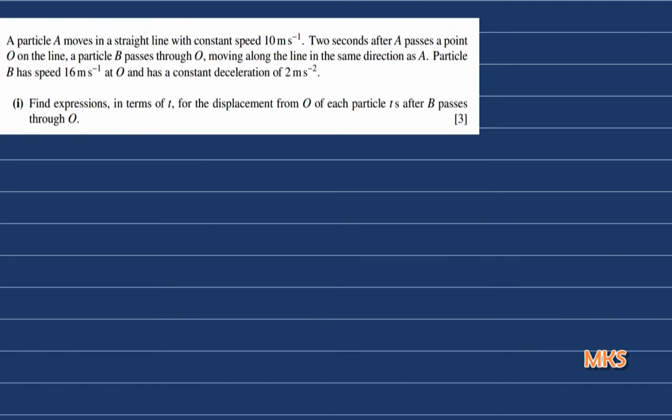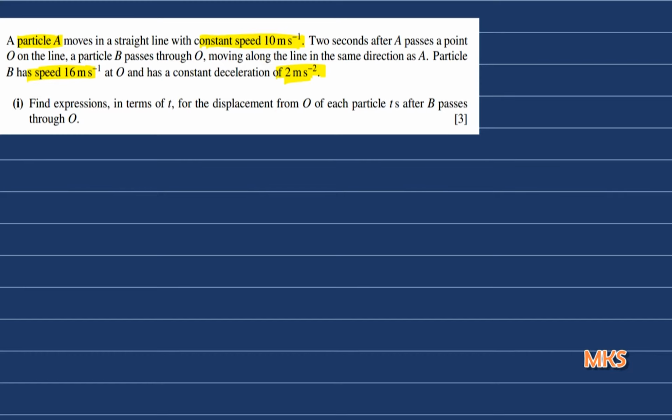Question 3. A particle A moves in a straight line with a constant speed of 10 meter per second. This is particle A. 2 seconds after A passes a point O on the line, a particle B passes through O, moving along the line in the same direction as A. Particle B has speed 16 meter per second at O and has a constant deceleration of 2 meter per second square.